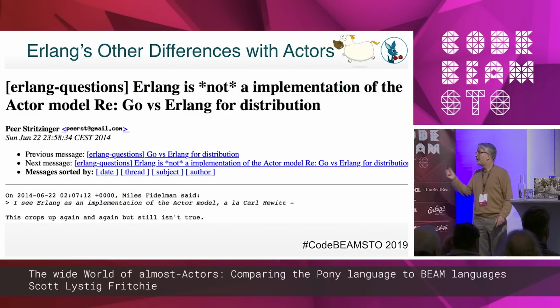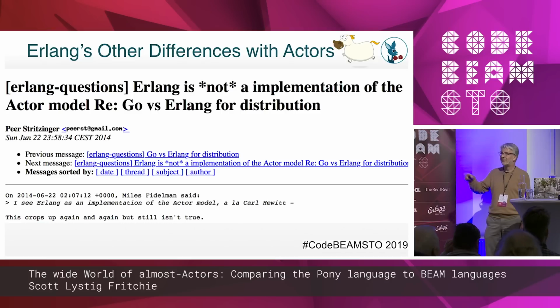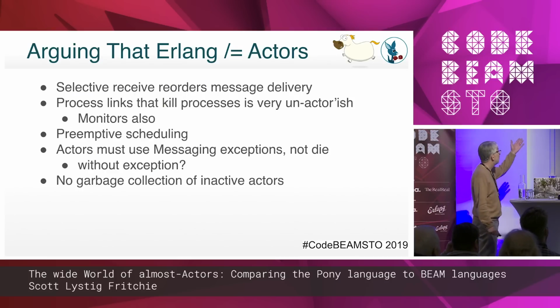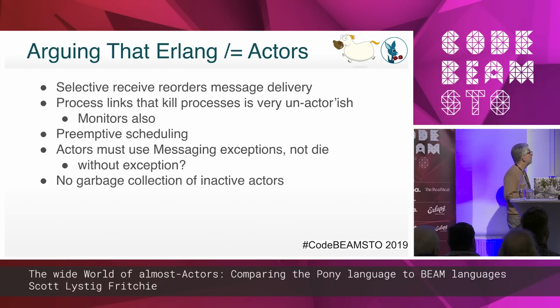And in the thread, which I highly recommend reading at erlang.org, you can find a link to the mailing list archives and go back to June of 2014. Some of the arguments that were made are that selective receive reorders message receipt by the receiving actor, and that violates the principles of the actor model.